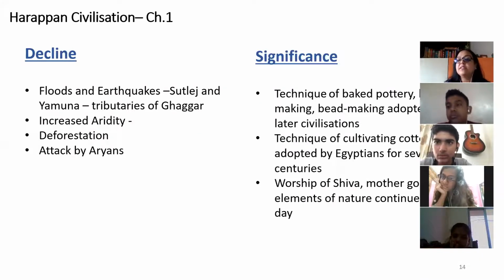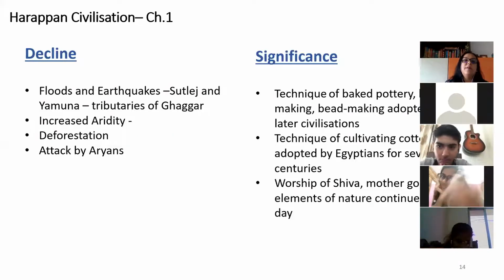The city was in the slope. So all the water rushed to the city, and when the flood happened, it was so much that the whole city got submerged in water.